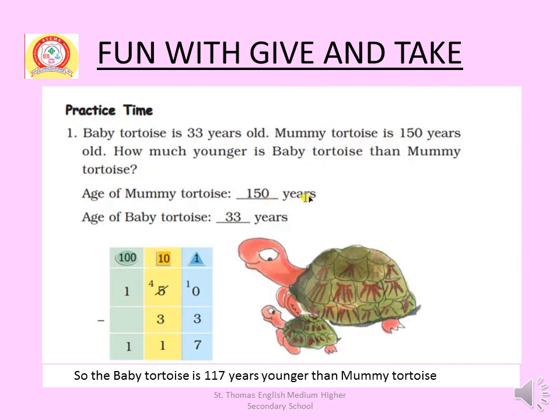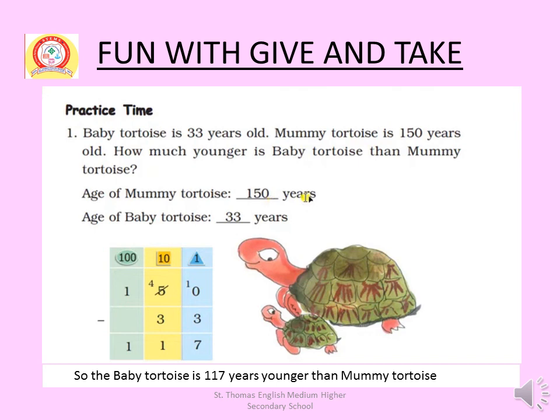Baby tortoise is 33 years old. Mummy tortoise is 150 years old. How much younger is baby tortoise than mummy tortoise? Age of mummy tortoise 150 years. Age of baby tortoise 33 years.